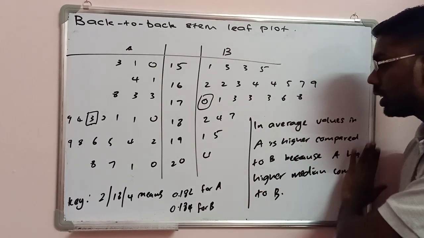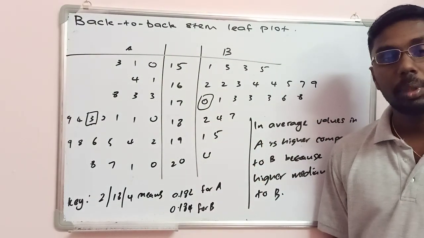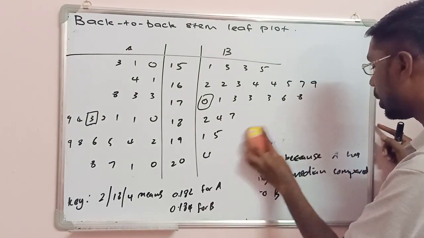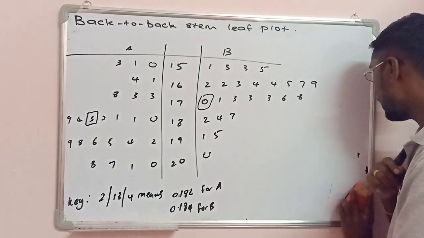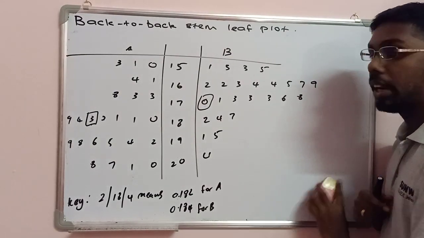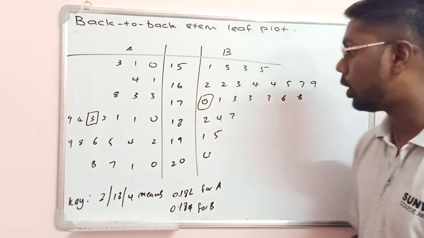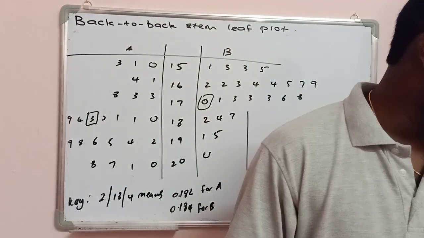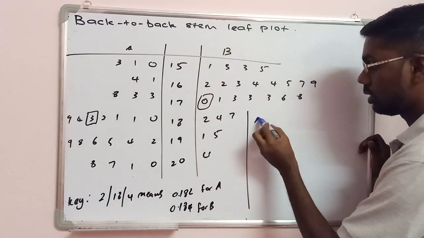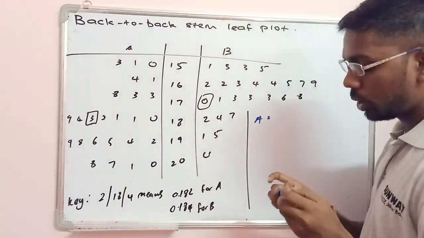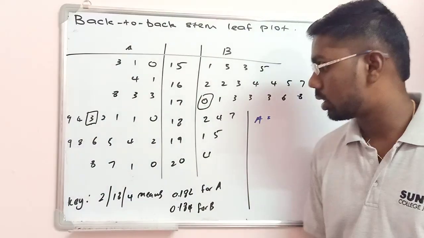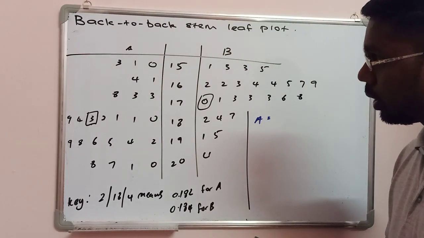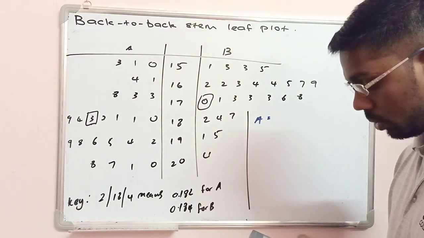First we can talk about the median, whether it is a higher median or lower median. And then number two, we're going to talk about the spread. So how are we going to talk about the spread? We're going to talk using the range. So for A, the range is going to be, let's calculate, 0.208 minus 0.150.